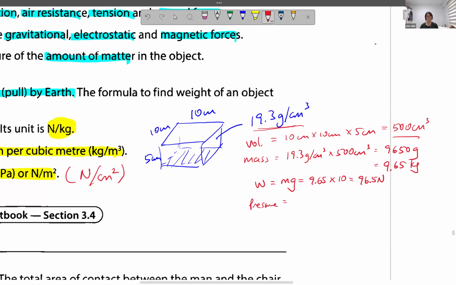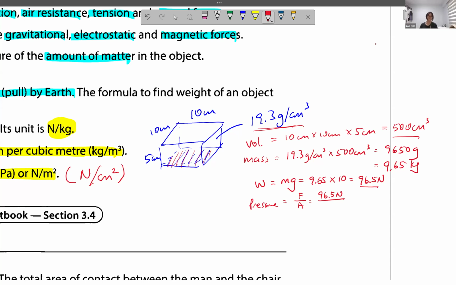Pressure is force over area. Very good. So what's my force? Force is weight, right? Area is what? Area is not volume, area.